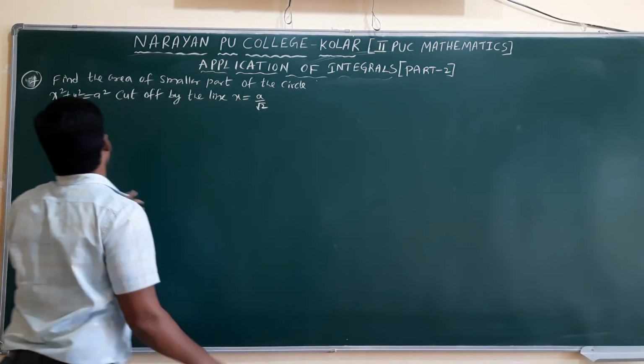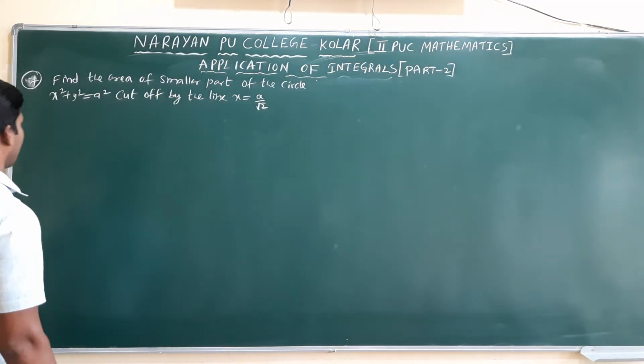Now we need to find the area between the circle and this line.